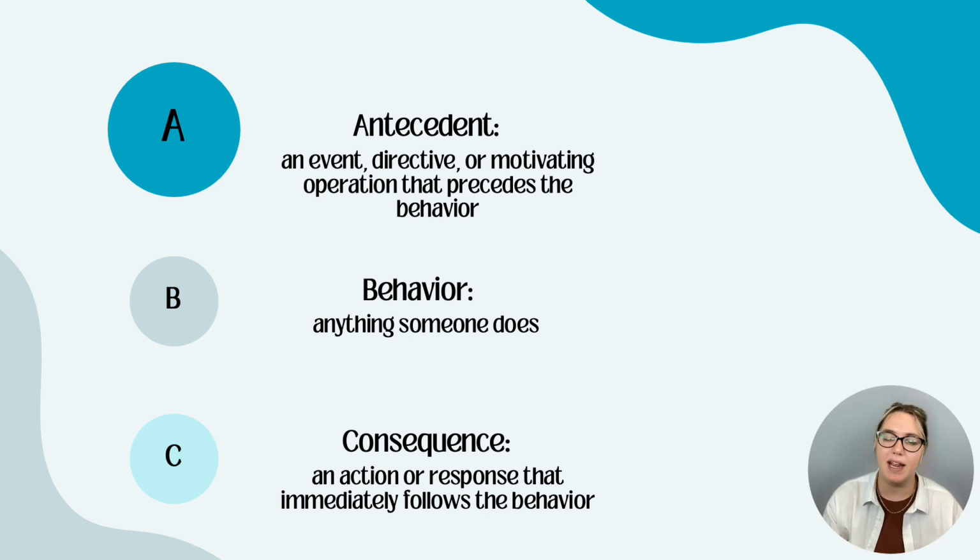When we're talking about antecedent-based interventions, we're really focusing on that A section. An antecedent is an event, directive, or motivating operation that precedes the behavior. So it comes before the behavior. And then you have your behavior, which is anything somebody does. And then your consequence, which is your action or response that happens immediately after the behavior.